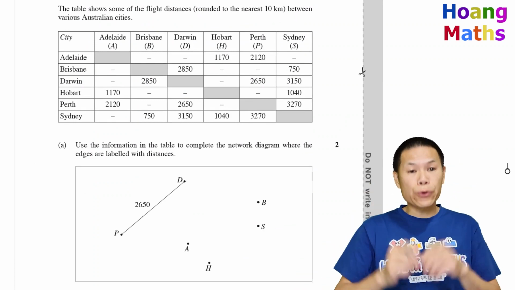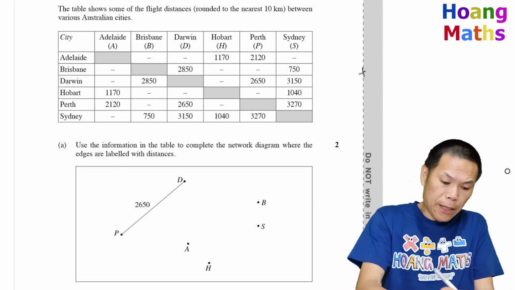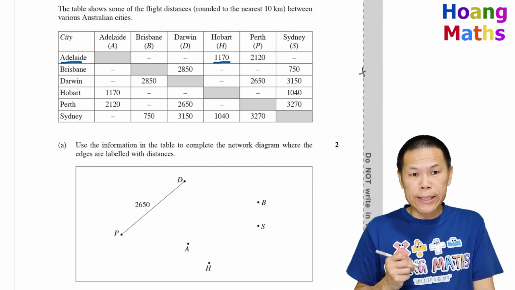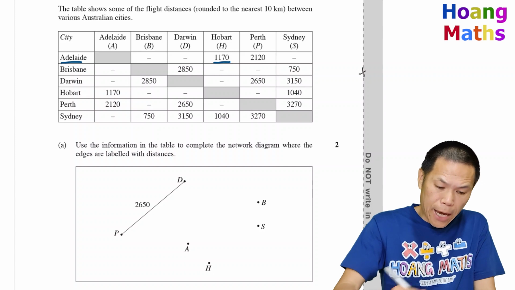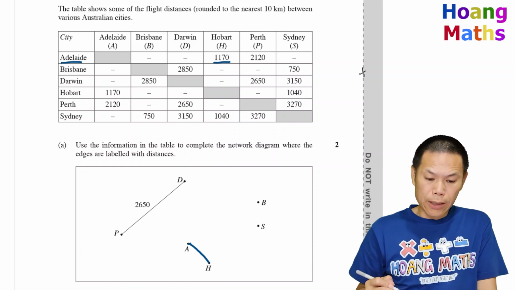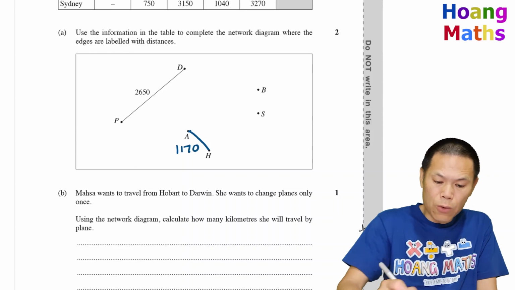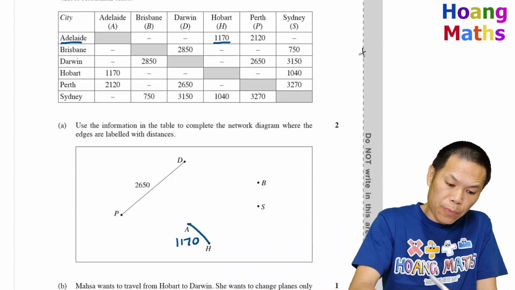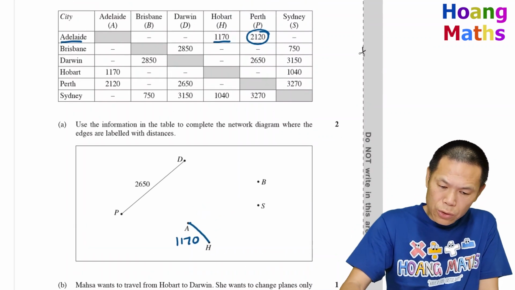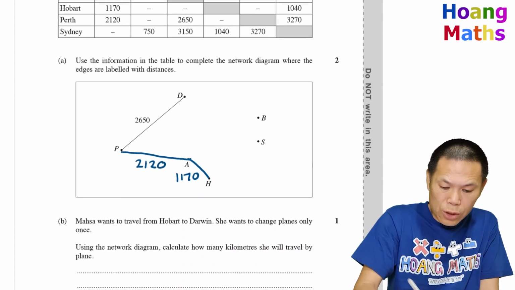Next one. We need to complete the network diagram using the table. From Adelaide, A is for Adelaide, to Hobart, that is H, this one here is 1170. Then from A to P, Adelaide to Perth, is 2120.